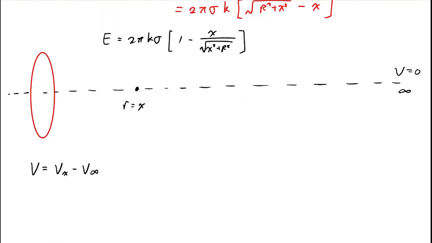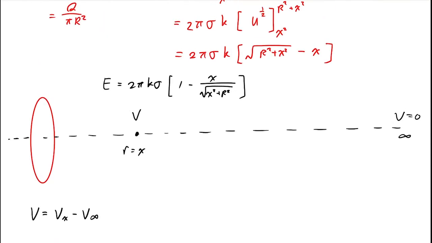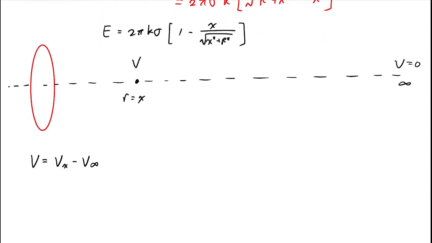And this V right here at this point is this expression that we just calculated. But we are calculating in two different ways, because we had an easier electric field, but now will it work with the electric field looking like this? Okay?